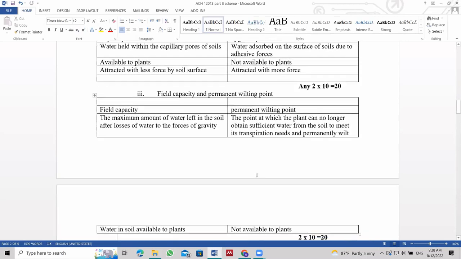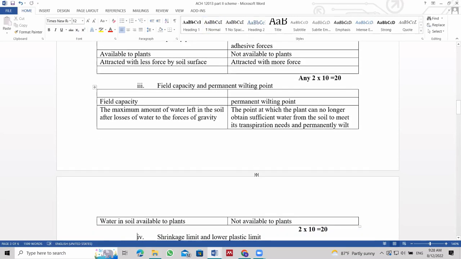Then the next one is field capacity and permanent wilting point. So here the definition itself is enough. Field capacity is the maximum amount of water left in the soil after loss of water to the force of gravity.